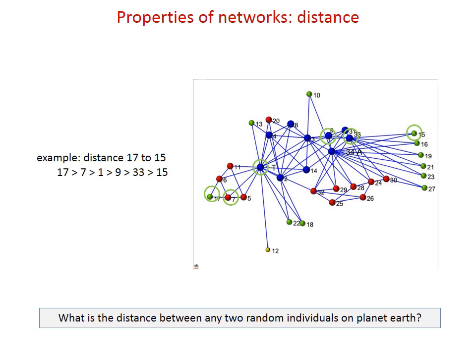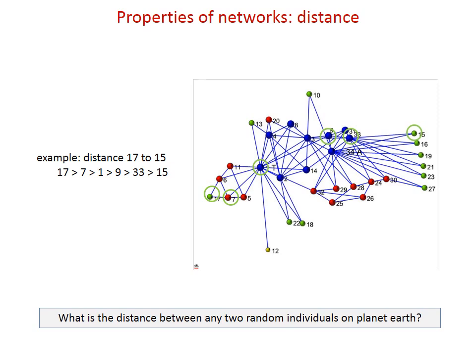But if you take two extreme nodes in this network, node 17 and node 15, the distance is 5, because I need one link between 17 and 7, a second link between 7 and 1, a third link between 1 and 9, a fourth link between 9 and 33, and a fifth link between 33 and 15.